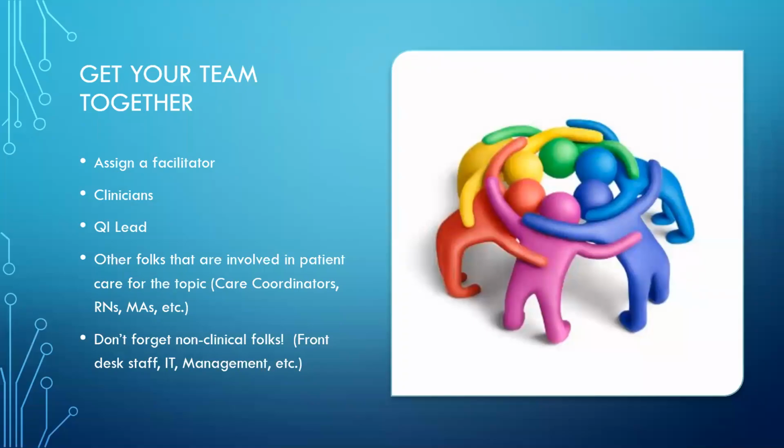So as you get started, it's really helpful to get your team together. And this could be a myriad of different folks. And these are some of the individuals I really recommend to be there. Assigning a facilitator can be really helpful to the process. I would suggest that this individual not be a key informant of the processes that you're going to be uncovering, because the facilitator needs to be asking the questions, but not giving the answers.